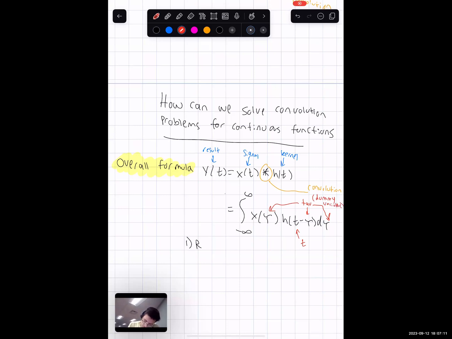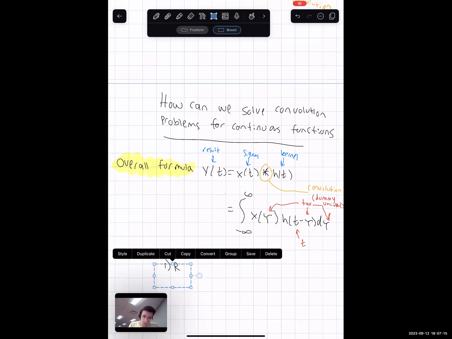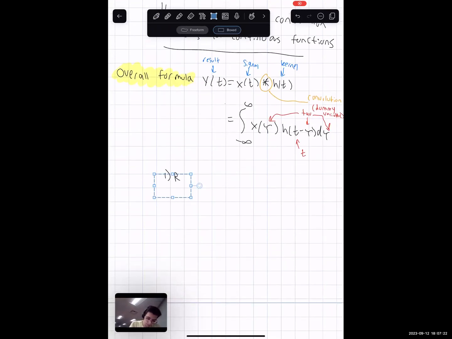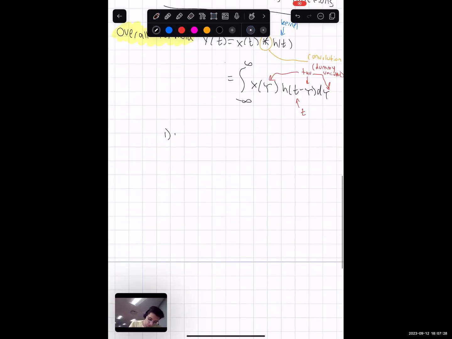Okay, so now going into the actual steps. You have the formula. How can we actually solve convolution problems? We have two signals, and we want to convolve them. The first step, and we're going to follow this for all the problems today in recitation, is pretty methodical. We're going to replace t with this dummy variable known as tau.